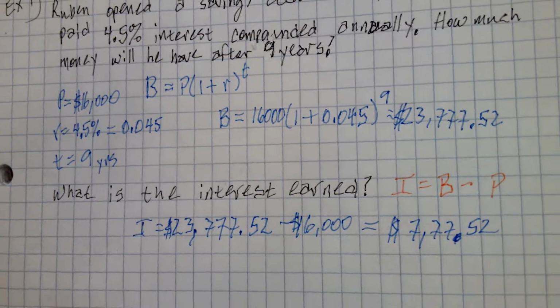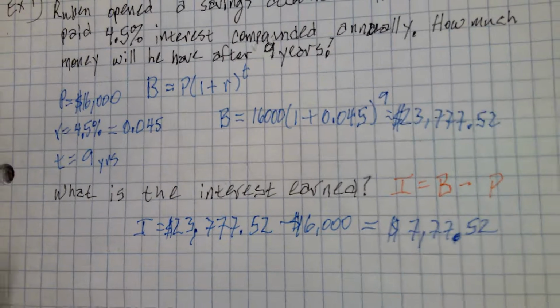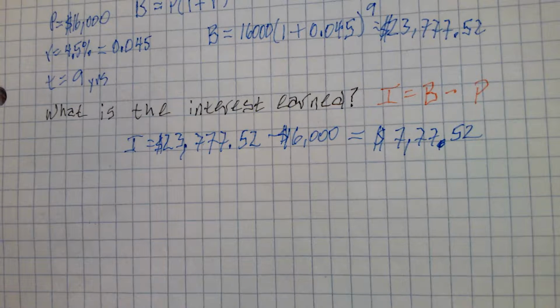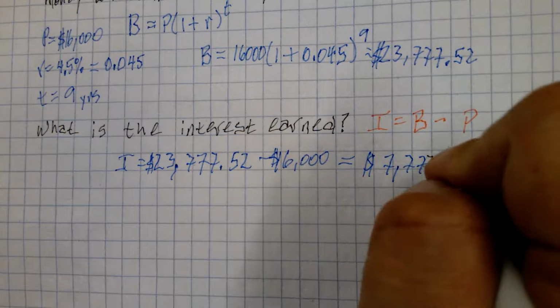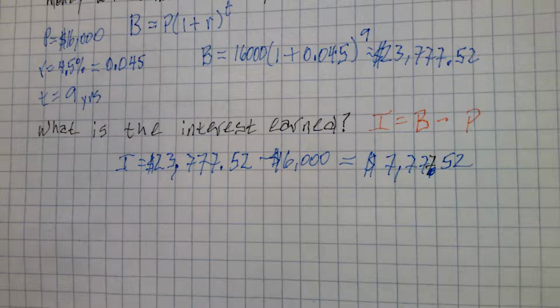Okay. So basically, he made almost $8,000 on compound interest. You're missing a 7. Oh, I'm missing a 7. Sorry about that. $7,777.52. Okay, last one.